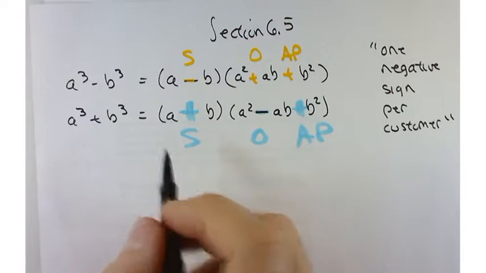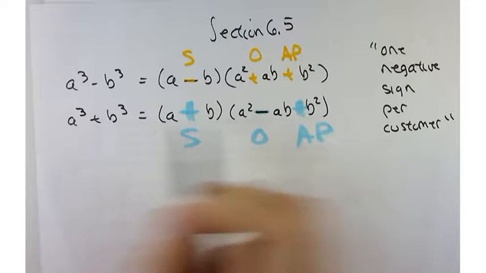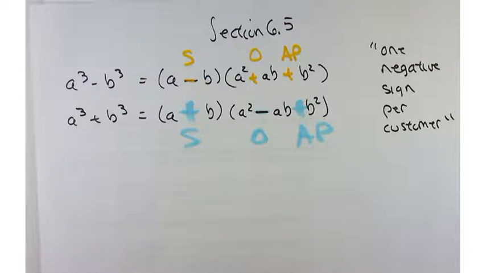The idea when you're factoring these things is you're going to have a binomial times a trinomial. Always. If you try and factor something like this in other ways, it's just not going to work. We'll start with problem number 26.